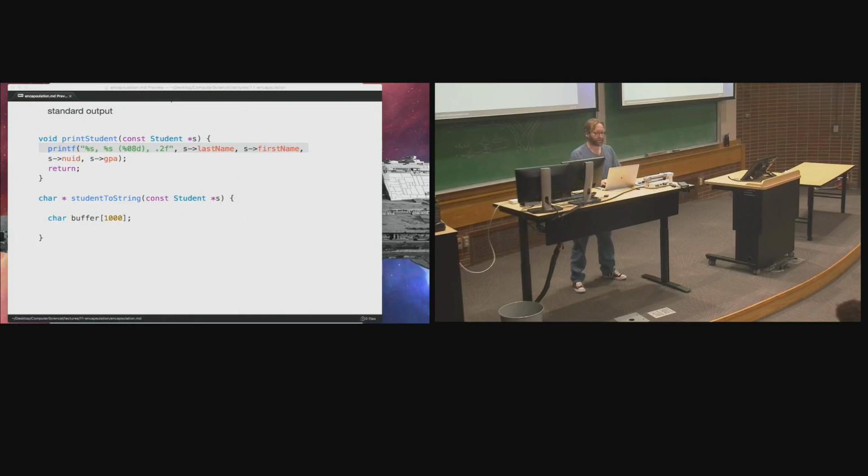I'll show you how it works here. I'm going to print the student to the buffer, right? So printf. In fact, let me go ahead and grab this up here so I don't have to repeat it. There. That would be printing to the standard output. How can I print to a string instead?